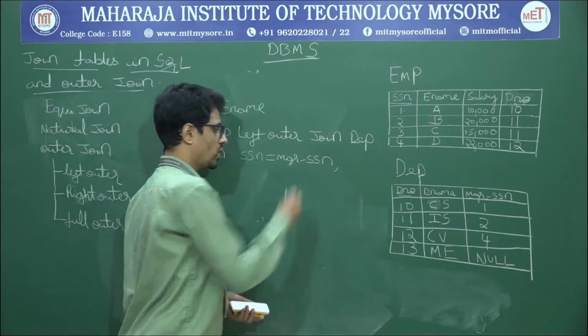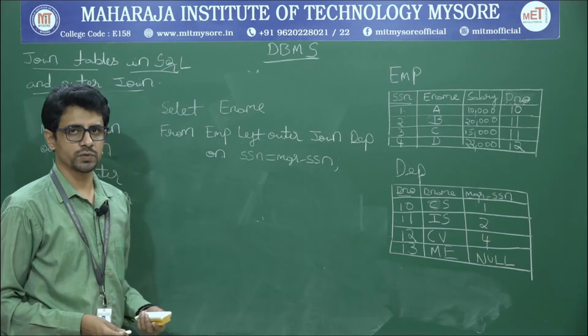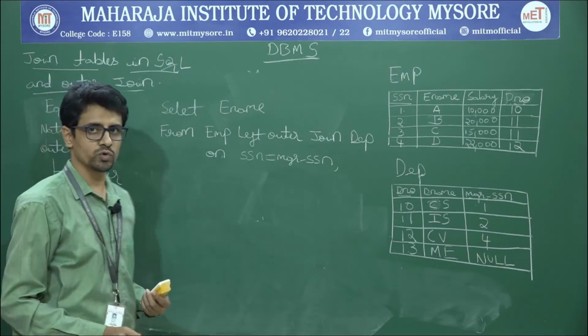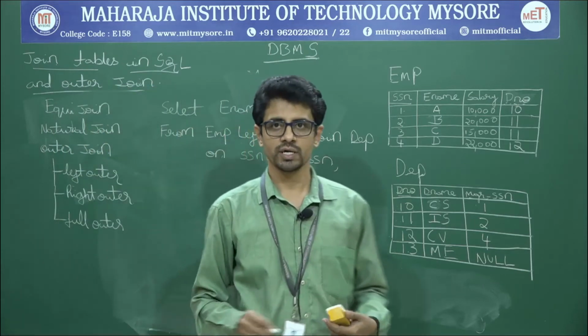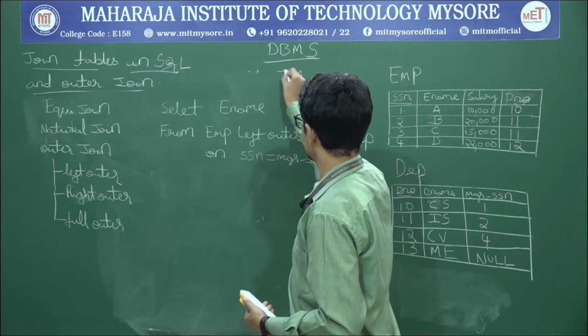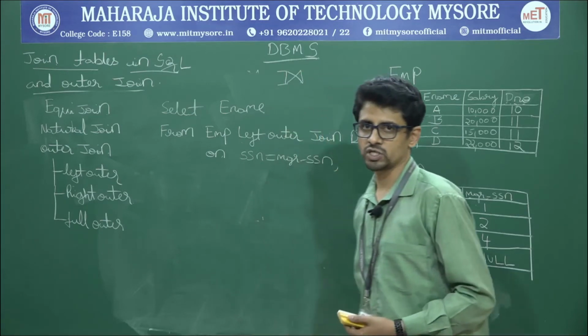Okay. So now what should happen? How does the query have to be executed? Let us understand with an example. First, let us understand the syntax of how you write this left outer join, which we were writing in relational algebra like this. This was the join, and this was the left outer join there.